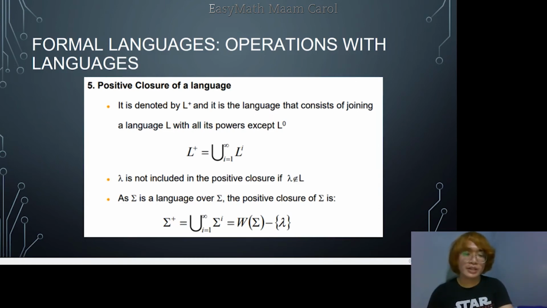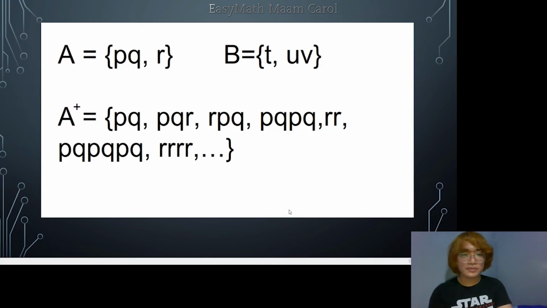Here is the equation: all positive powers of the language, except the empty language. Here is an example with the same set: A plus is equal to PQ, PQR, and so on, however many times you multiply it with itself.